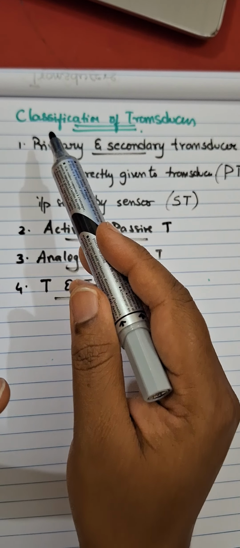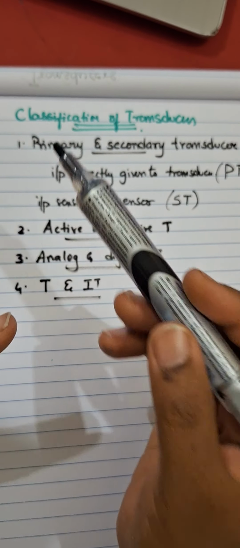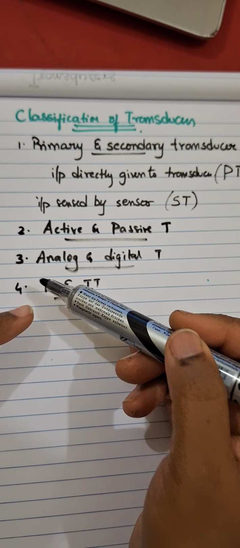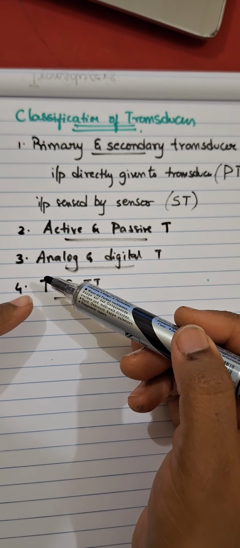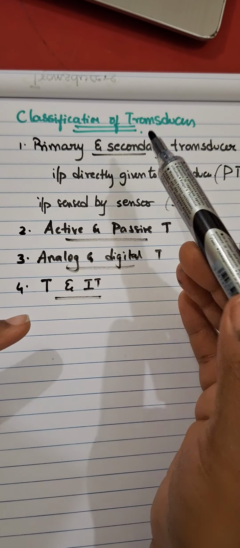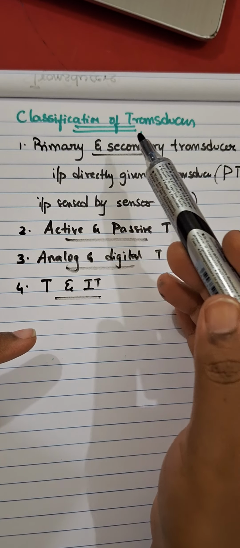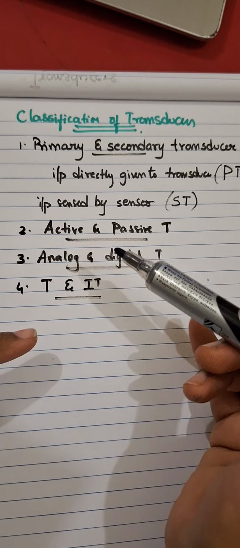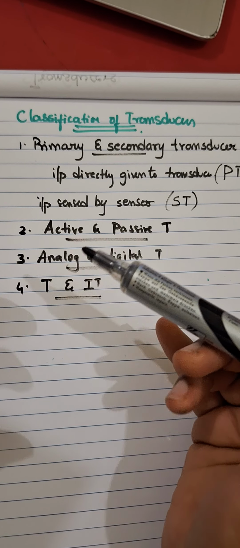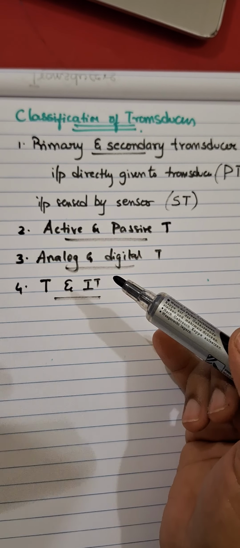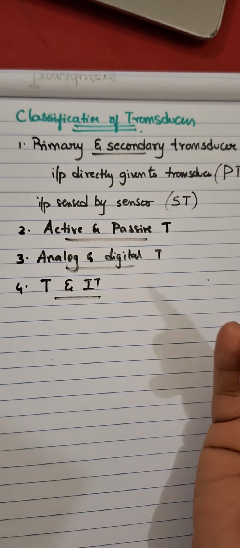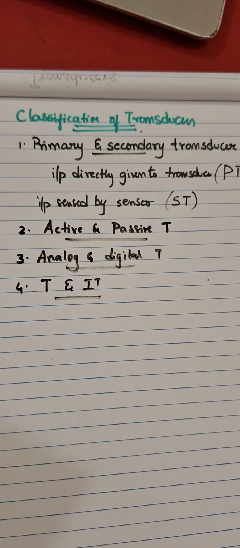Either it can be a primary transducer with an active element and analog display, which converts another form to electrical, or it might be a secondary transducer with a passive element and a digital display, and it is an inverse transducer which converts an electrical quantity into a non-electrical one. These are the classifications of transducers.